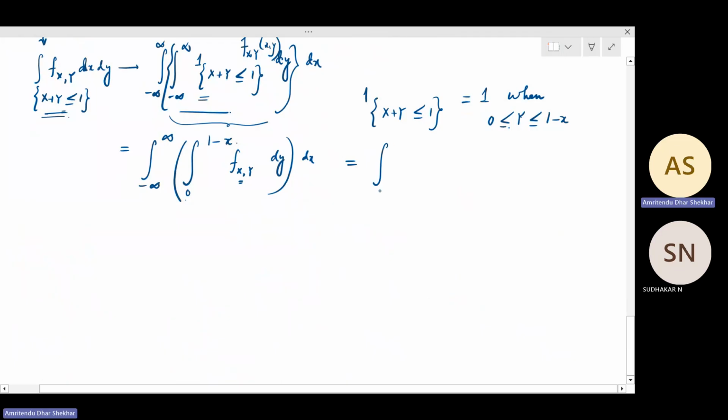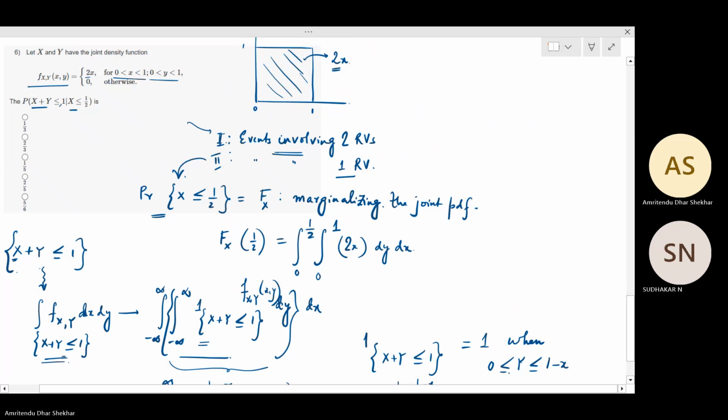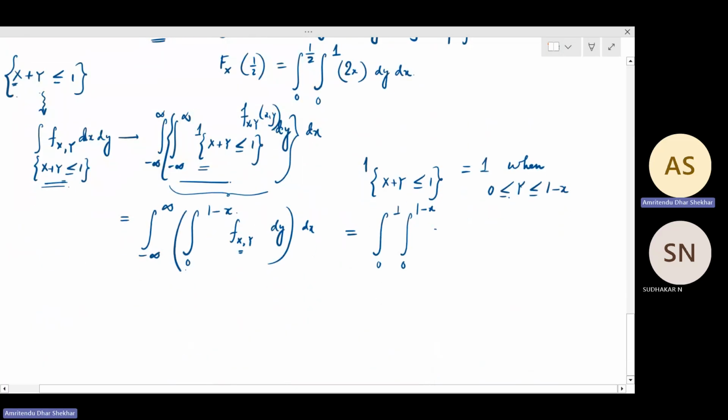So this becomes the integral over 0 to 1, and y varies from 0 to 1 minus x. So we have the density function given by twice x times dy times dx. And of course, that gives you the probability of this event.